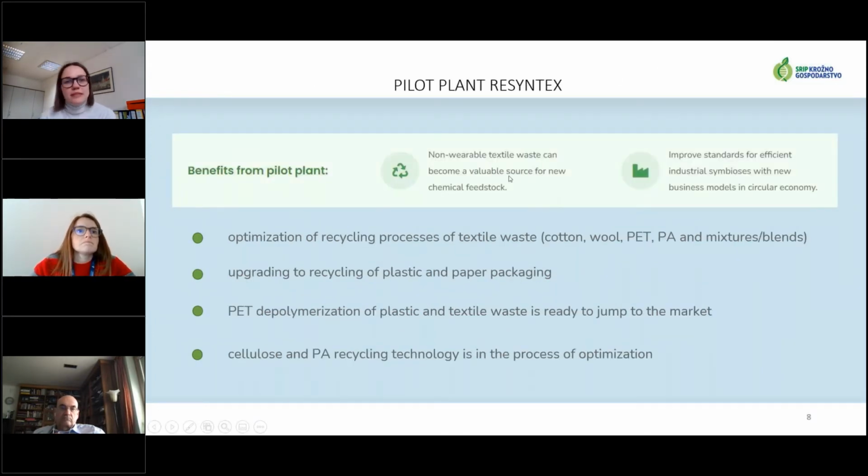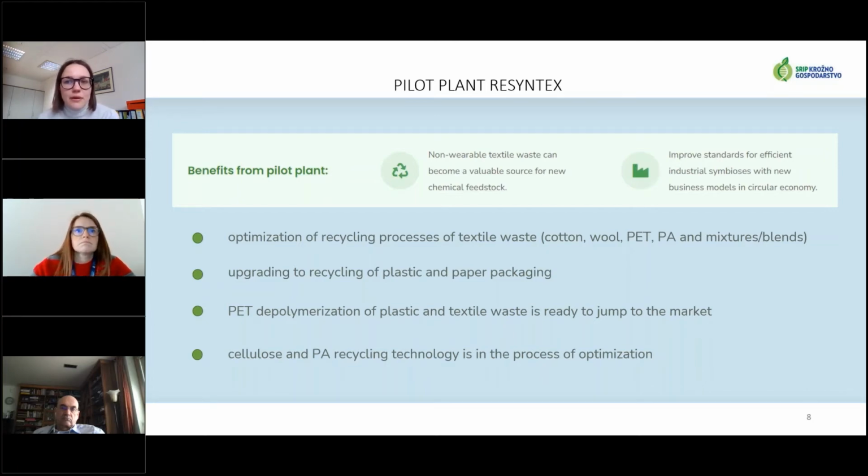The Resintex pilot plant is actually something from which this use case was somehow capitalized. The benefits of this pilot plant are that non-wearable, this really low-end textile waste can become a valuable source for new chemical feedstock.